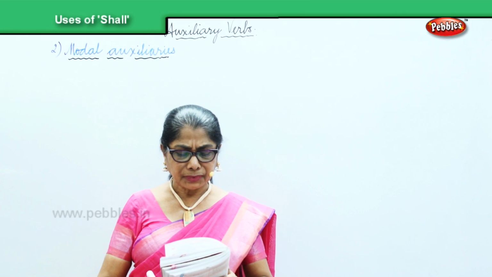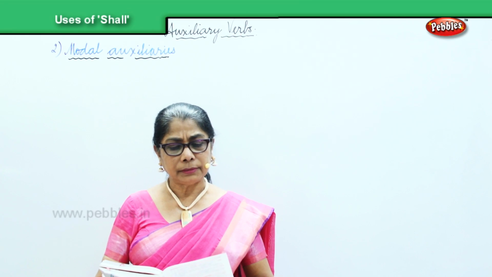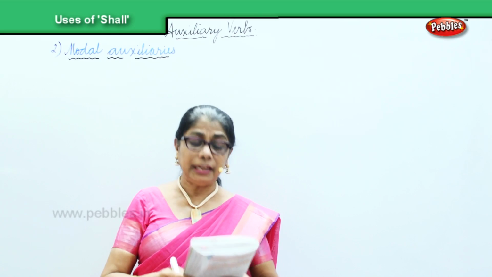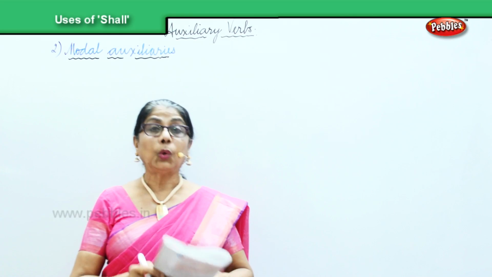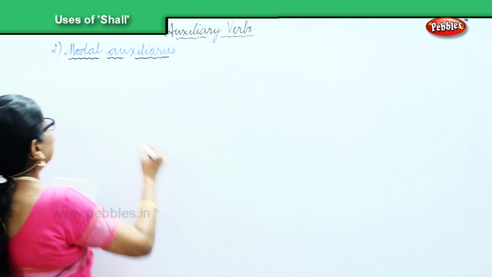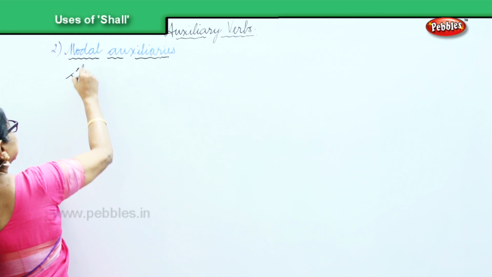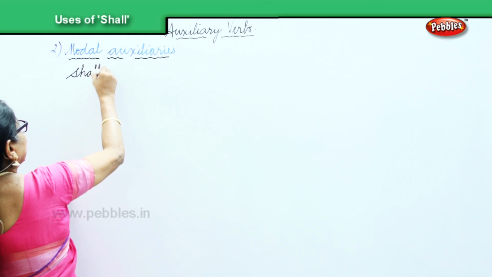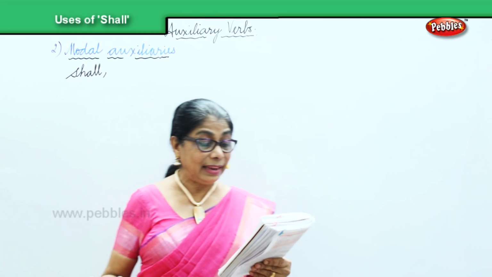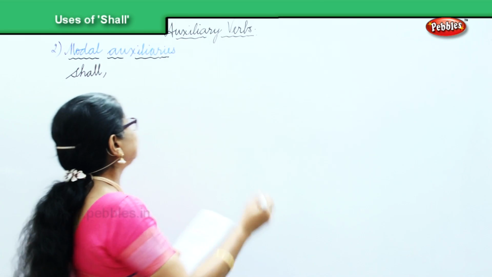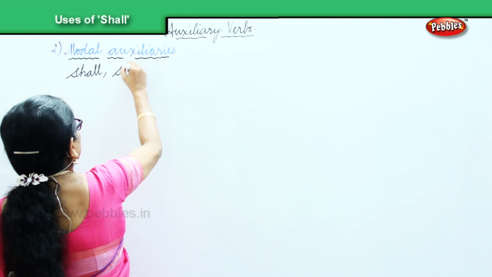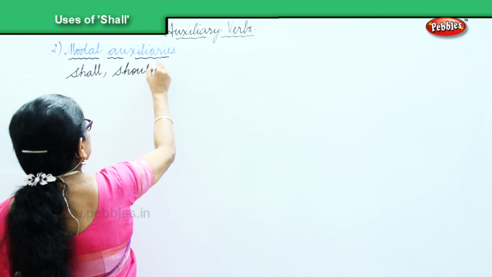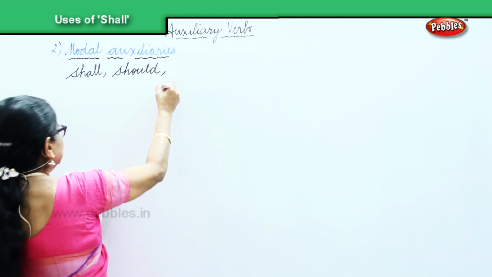Now, in the second kind of auxiliary verb, we have verbs like shall, should.